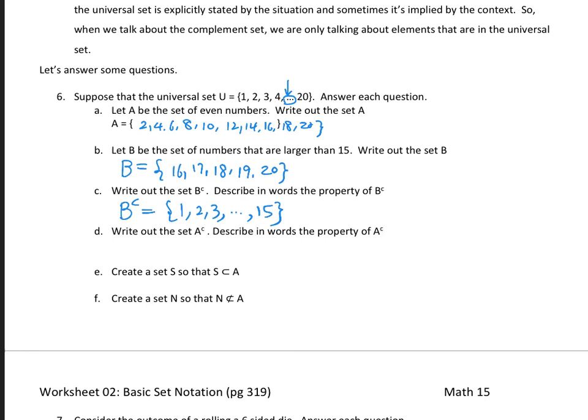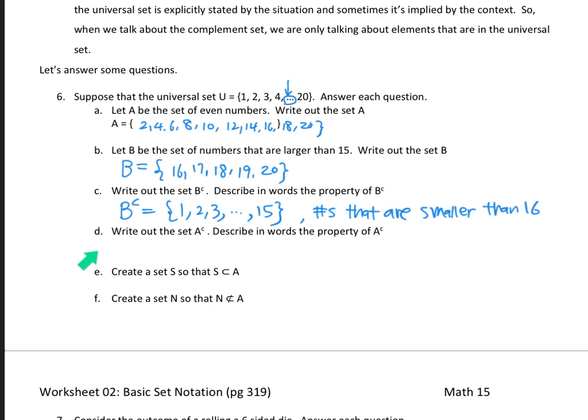And describing it in words, the property of B complement: these are numbers that are smaller than 16, right? All right, have you tried to figure out D?